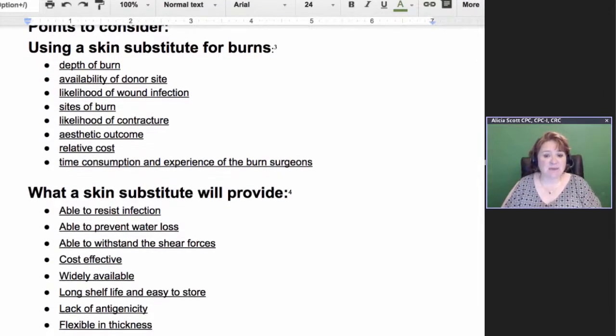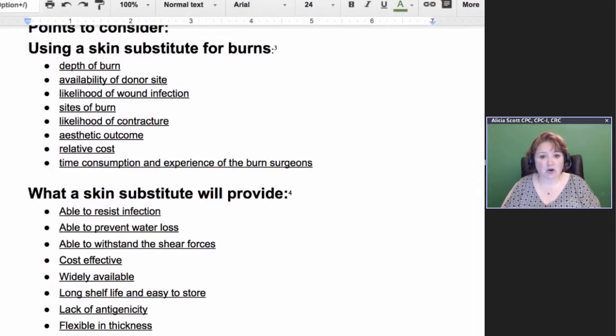If you've ever seen anybody that has scar tissue from a burn or a wound or an ulcer, you're going to see a lot of scar tissue, which can contract and literally make you lose function of fingers or different parts of the body. The aesthetic outcome, is it going to just look worse than letting it heal from the inside out, I guess you could say? That is something to think of.